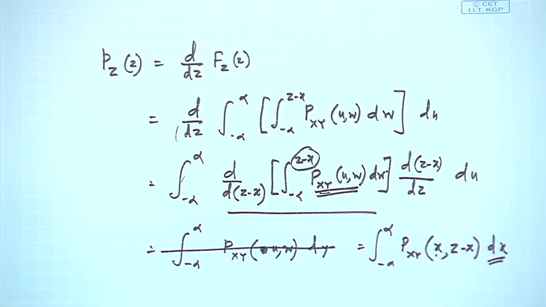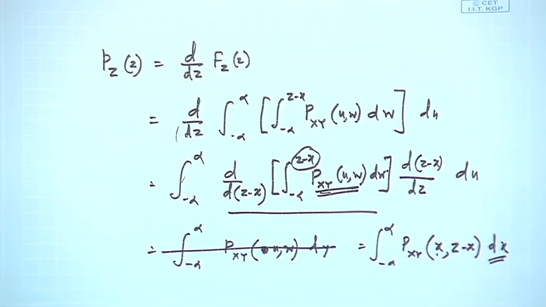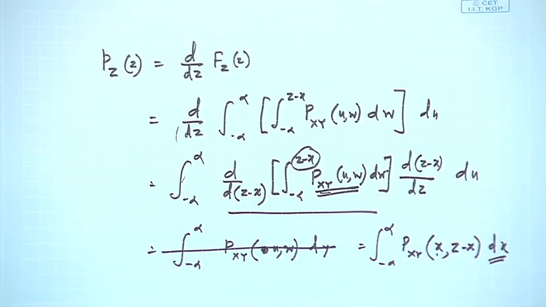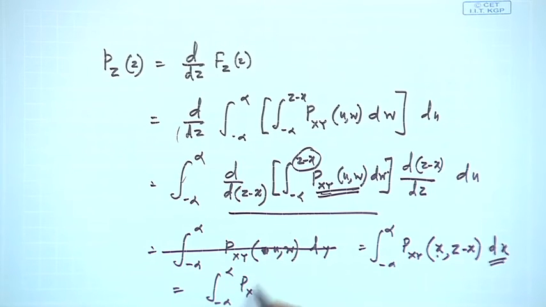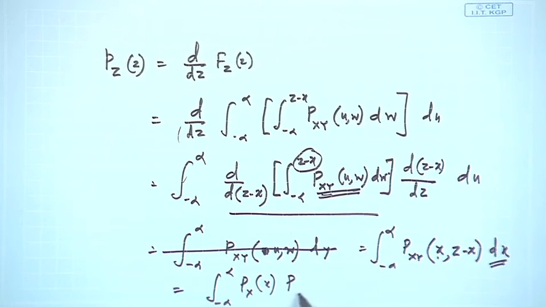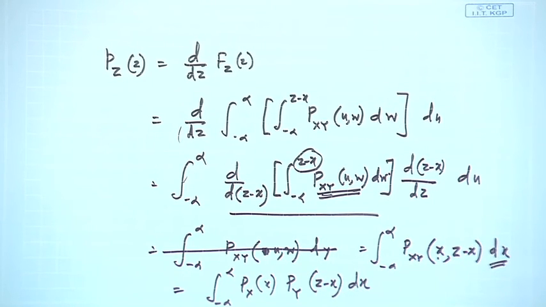Now, if these two are independent, I have already told that x and y are independent. So, immediately I can write minus infinity to plus infinity, this must be p_X(x) into p_Y(z minus x) dx, as long as they are independent, otherwise no.